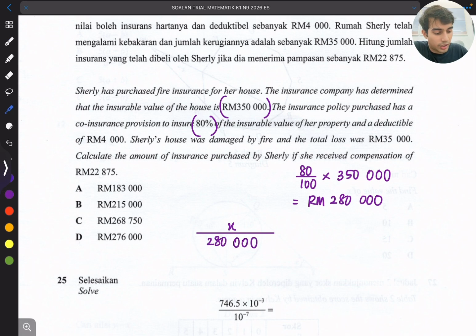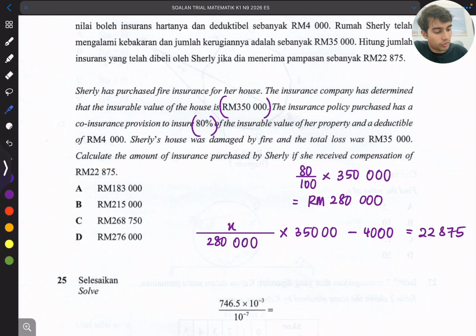Okay, so this is the fraction that she bought multiplied by the damages, minus the deductible, we get the amount of compensation, 22875. Okay, so we need to find the value of X. So from here you can just solve.